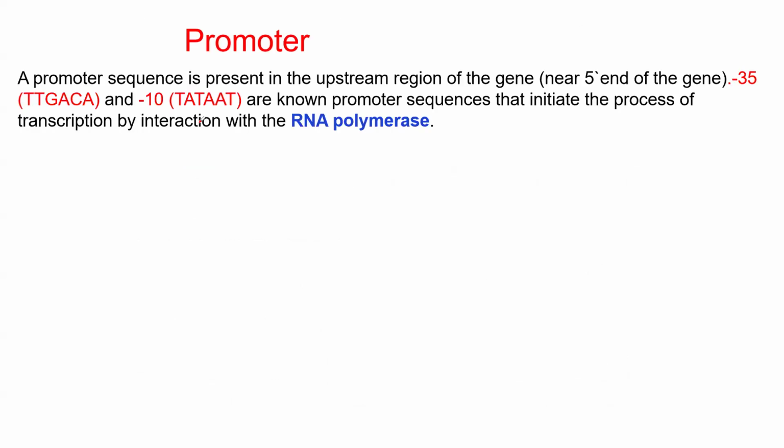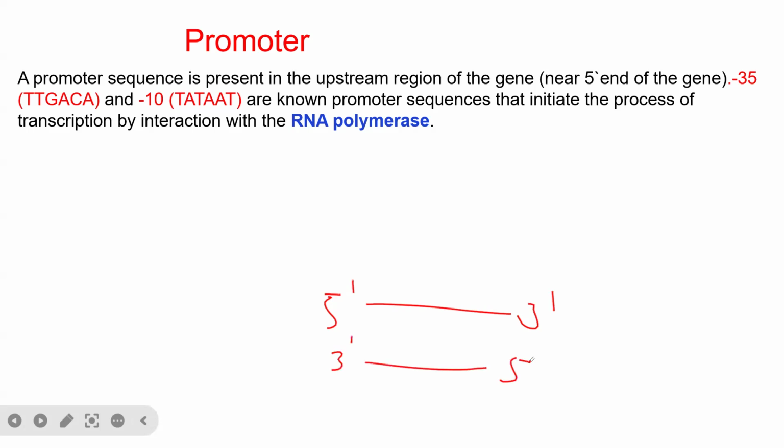Then the next thing is the promoter. The promoter sequence is present in the upstream region of the gene, near the 5' end. Remember, DNA runs from 5' to 3', and then we have the 3' to 5' direction.